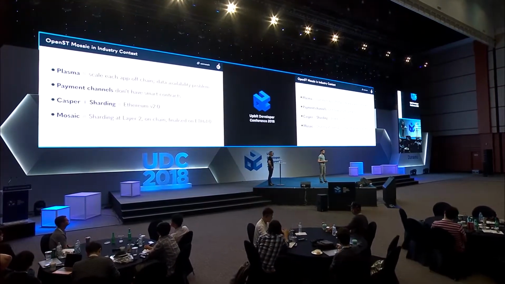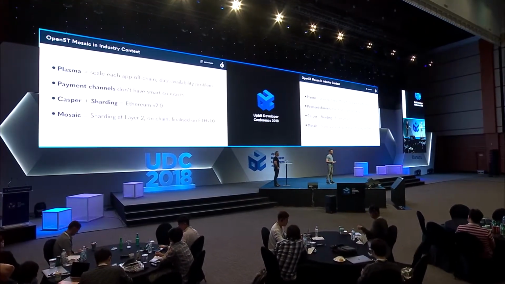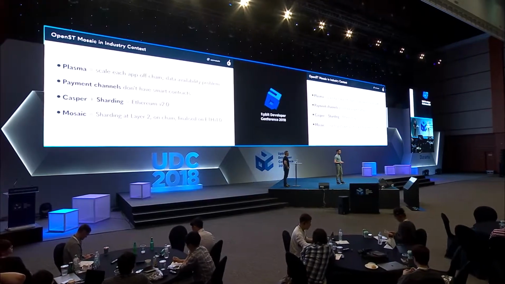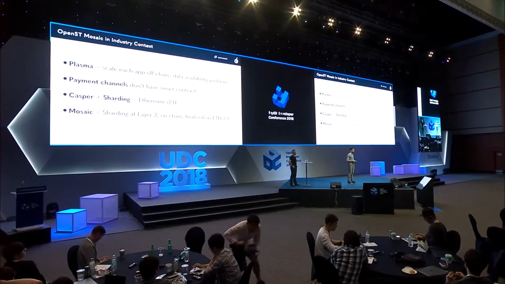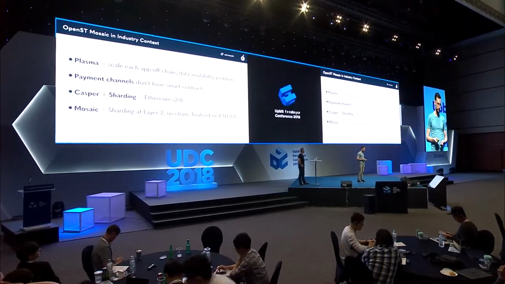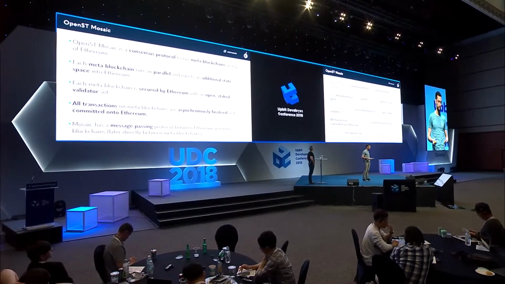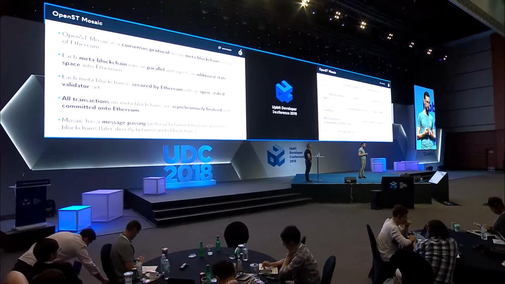And so Mosaic is a way of composing new state spaces into Ethereum on the existing Ethereum proof of work that we have today. So what is Mosaic? I'll try to explain these concepts to you today in the remaining minutes. OpenST Mosaic is a consensus protocol to run what we call meta blockchains: blockchains on top of a blockchain, so we run meta blockchains on top of Ethereum.